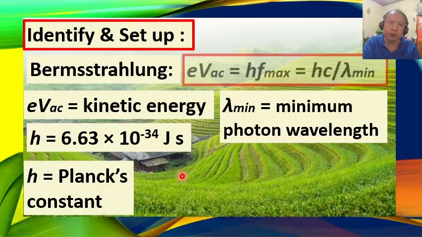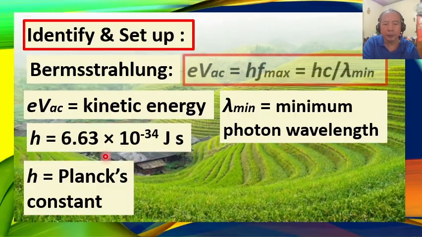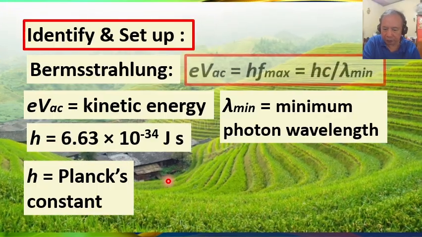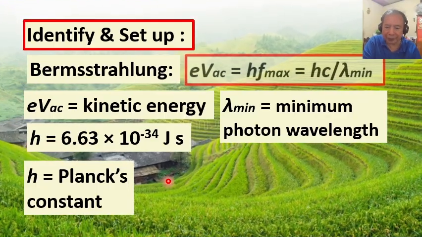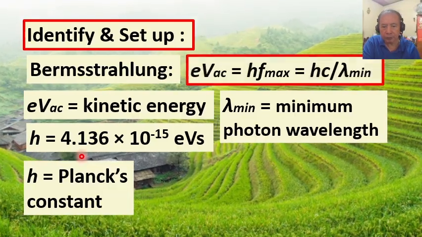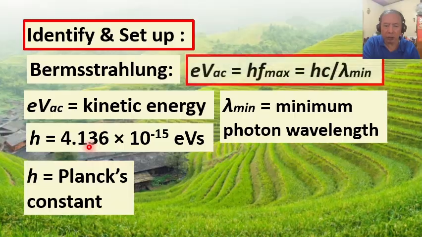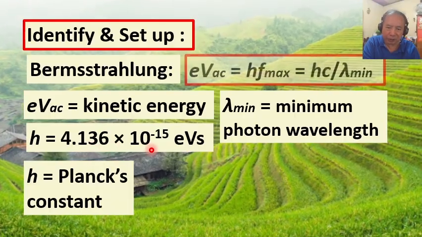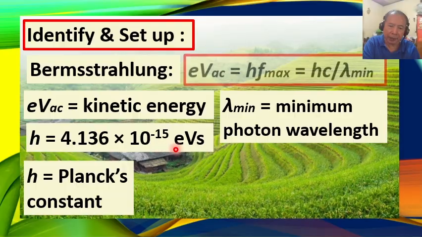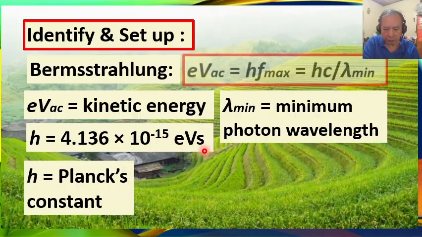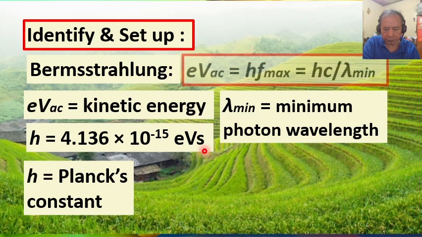We can also use a value for Planck's constant in terms of electron volts, which is equal to 4.136 times 10 raised to the negative 15 power electron volt seconds.